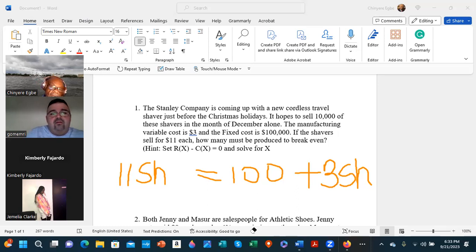If you manufacture 10 shavers, it will cost you $30. If you manufacture 1,000 shavers, then it will cost you 3 times 1,000, which is 3,000. So 3 is the cost of each, and SH is shavers. Whatever you replace SH with, you multiply it by 3. The same thing here. For the amount of money you're going to collect, your revenue will be 11 times the number of shavers.